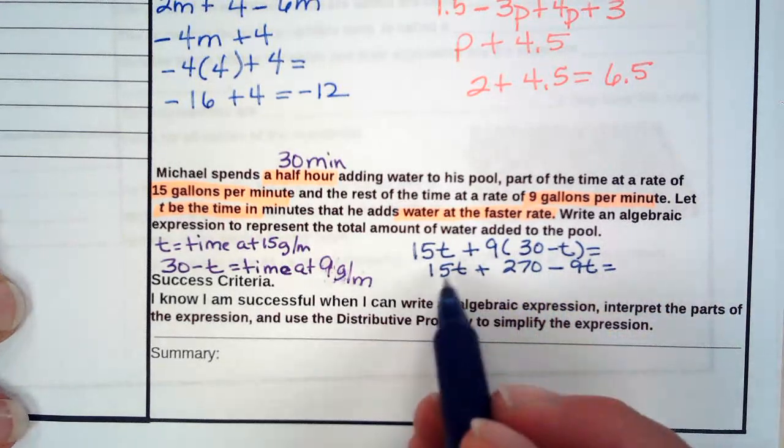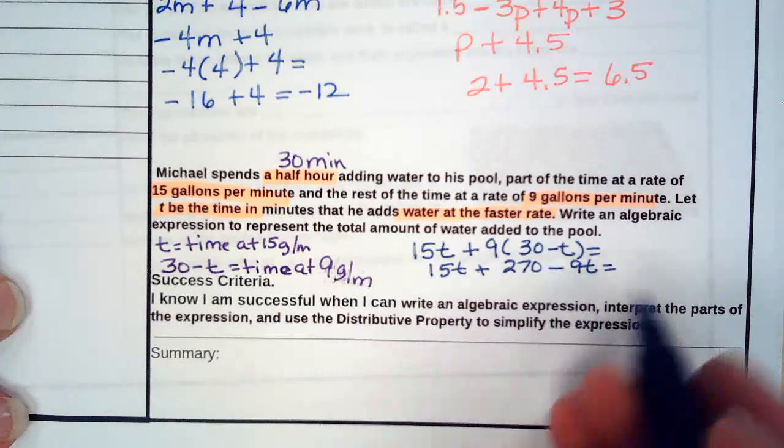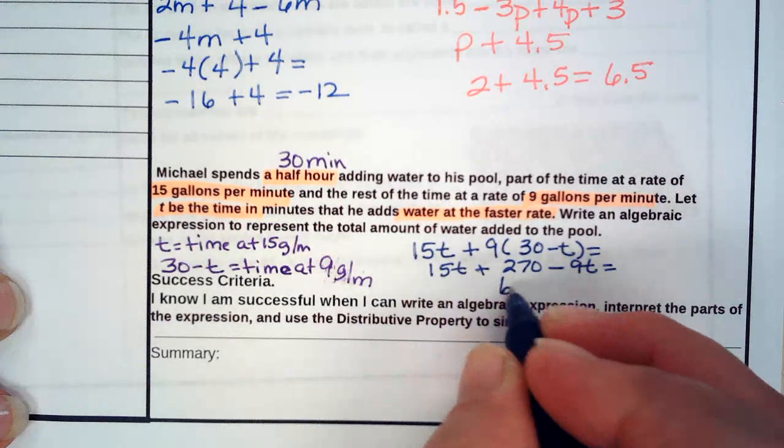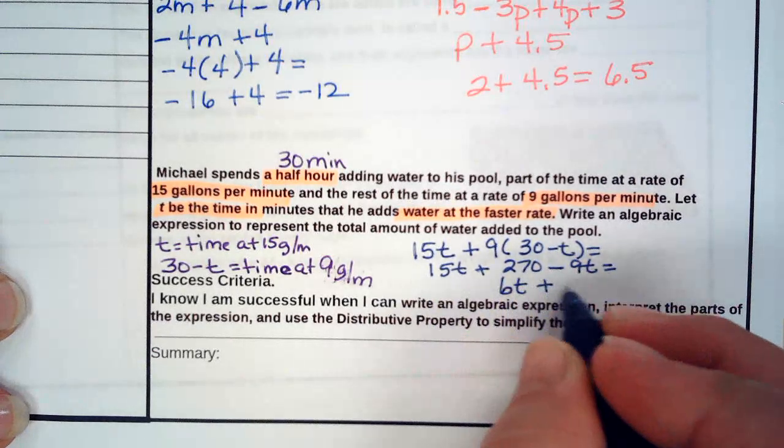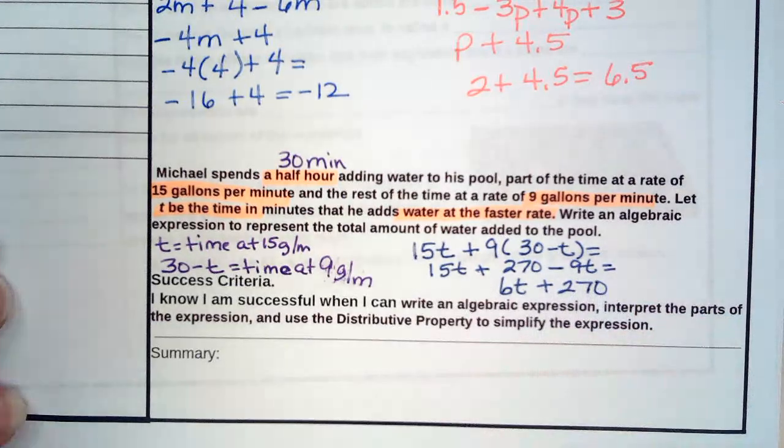Combine your like terms. 15T minus 9T gives me 6T plus 270. That is the expression I would use.